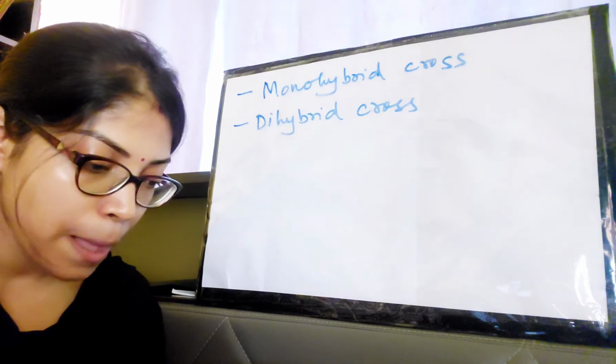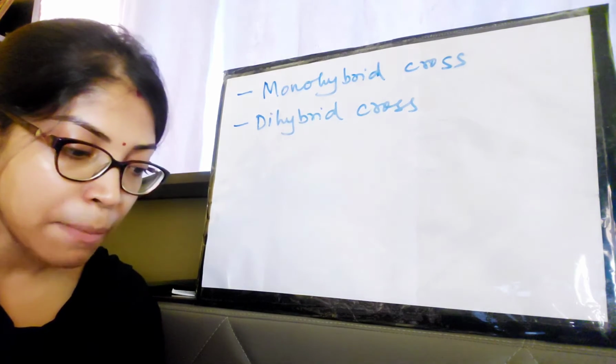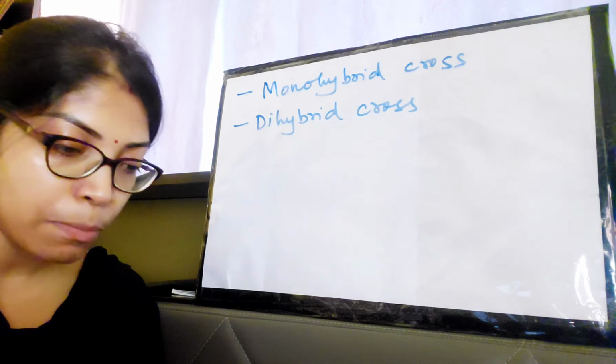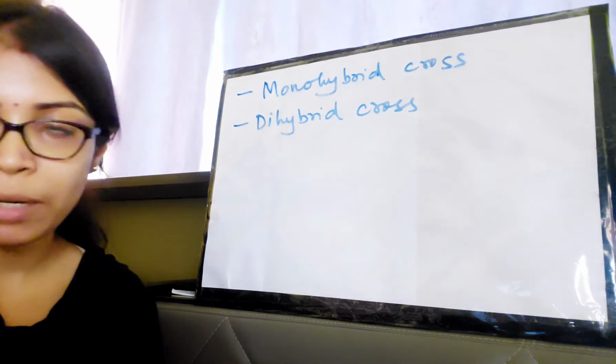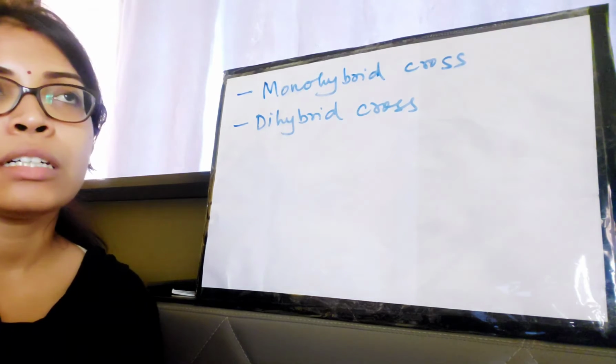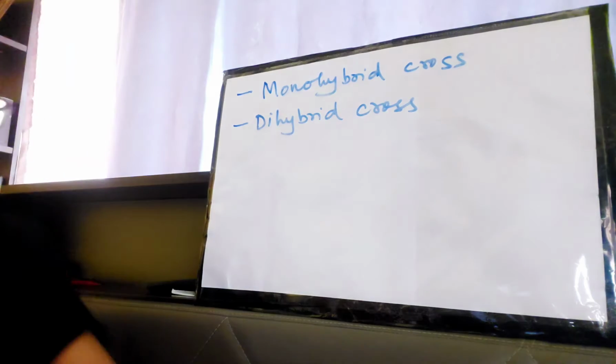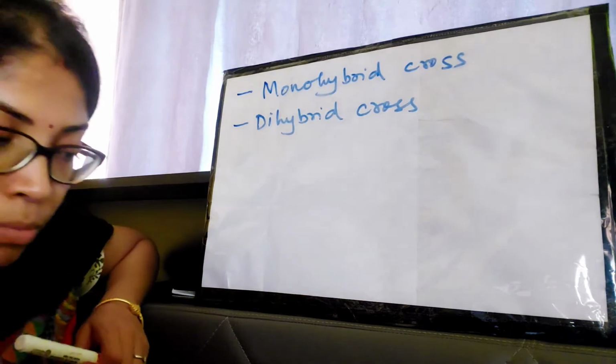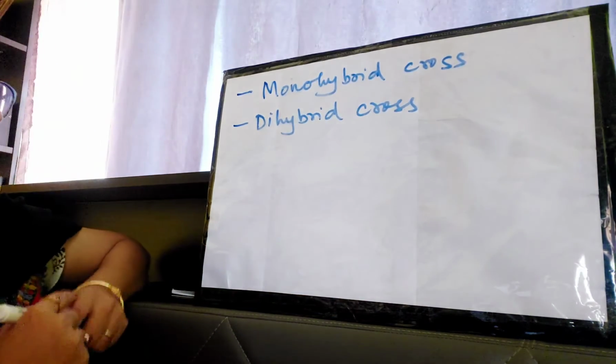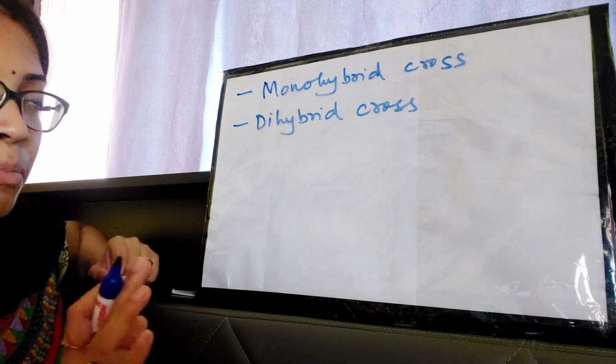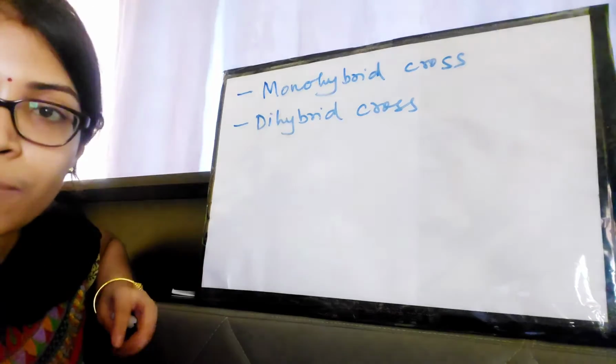For example, look at your book. In Mendel's experiment, the cross between pure tall and pure dwarf pea plant. Pure tall means, pure and hybrid I will tell you later on, but basically pure means no mixture of other types of genes are there.